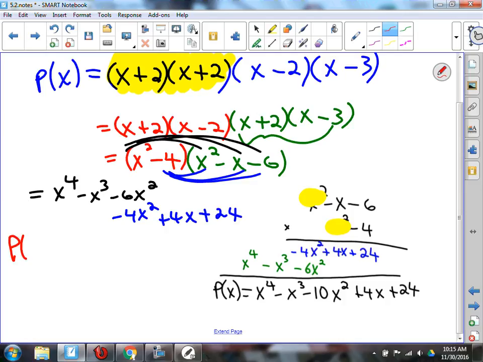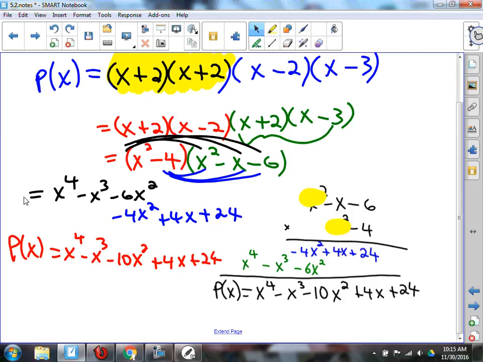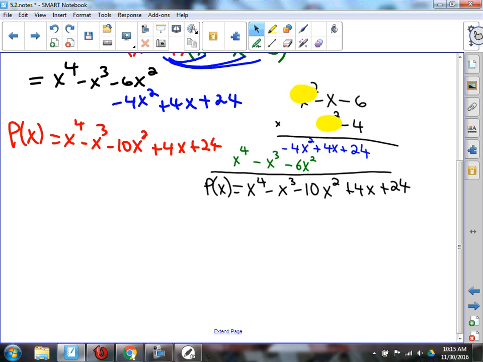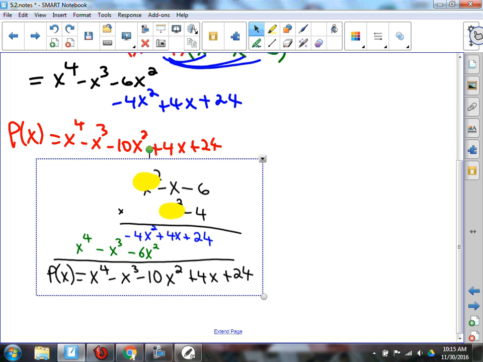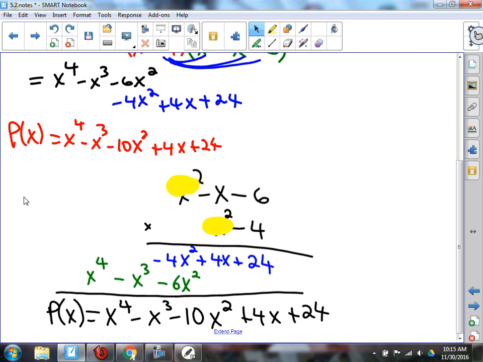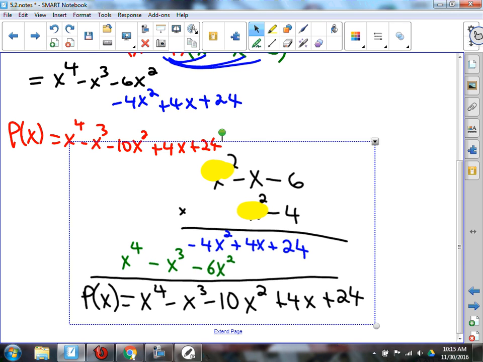So then our p of x would have been x to the fourth minus x cubed minus 10x squared plus 4x plus 24. You get the same thing, so there's more than one way to multiply those out for sure. Okay. Just thought that horizontal multiplication was kind of neat to see.